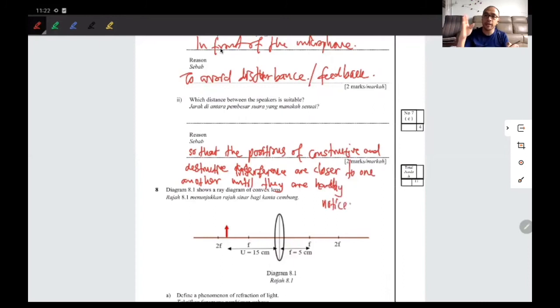When the constructive and destructive interference are so near to one another, then they become hardly noticeable.